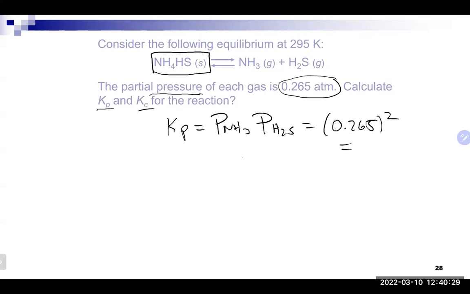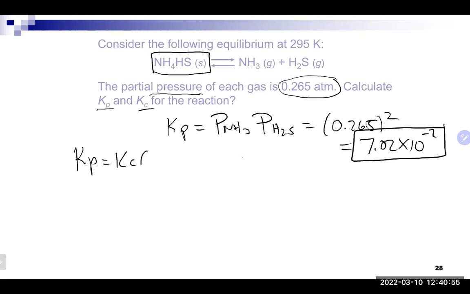And that would yield us, call it, 7.02 times 10 to the minus 2, which would be our Kp value here. Any questions on that one there? Again, using the formula that we saw earlier, Kp is equal to Kc times RT to the delta n.